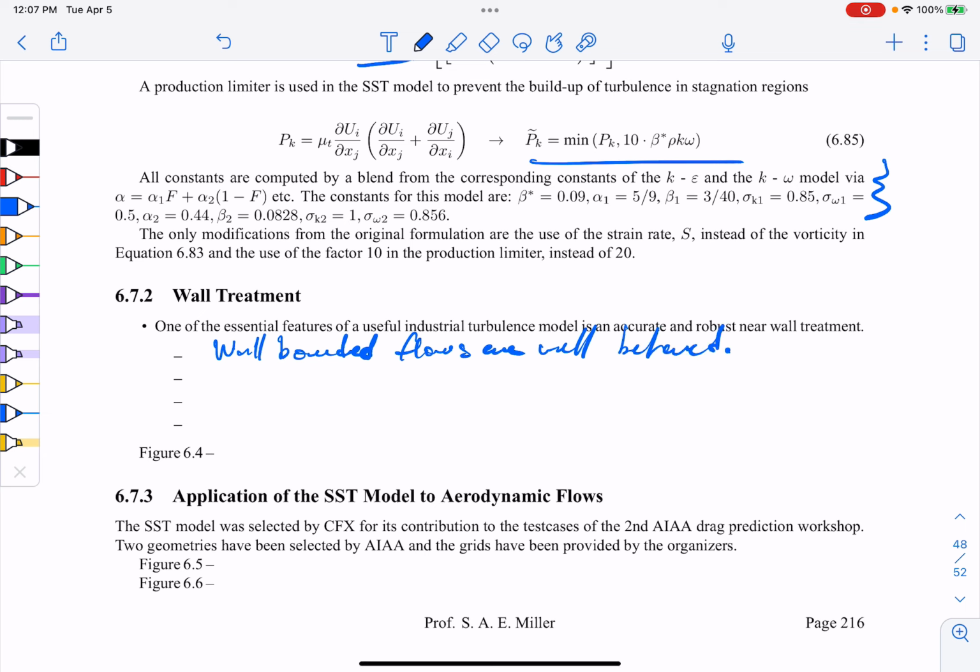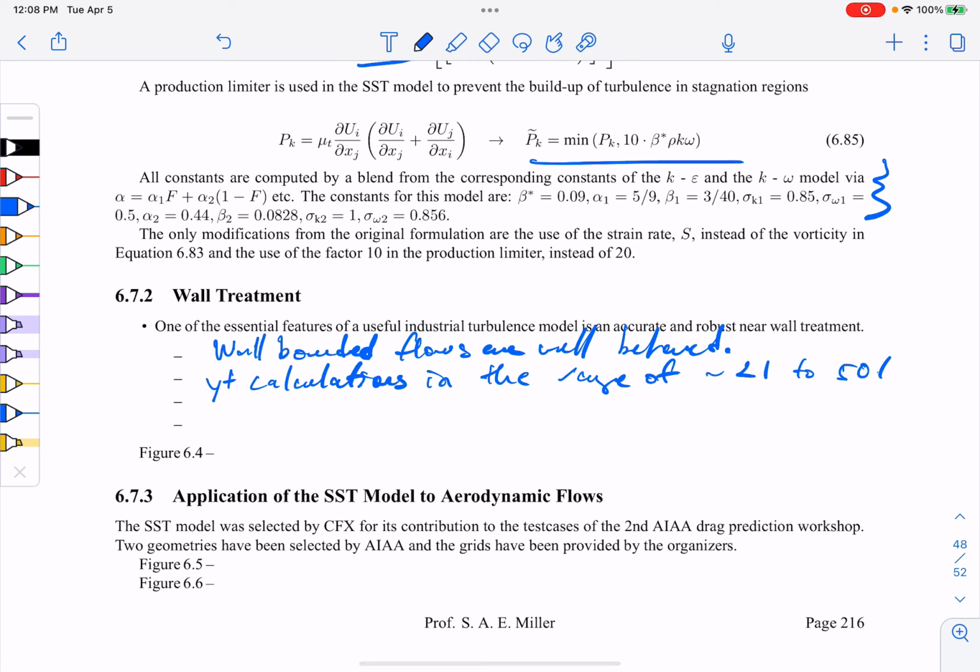And often you could get away with y plus calculations in the range of, say, less than 1 to, I don't know, maybe 50 to 100, with small error, about 2% error.